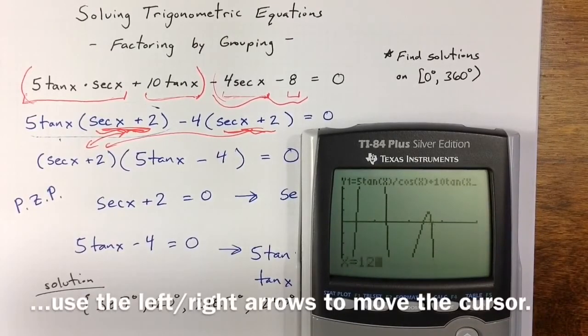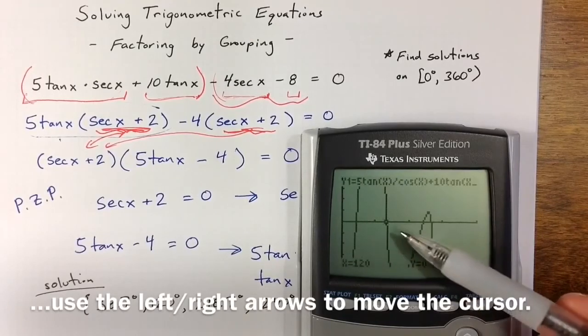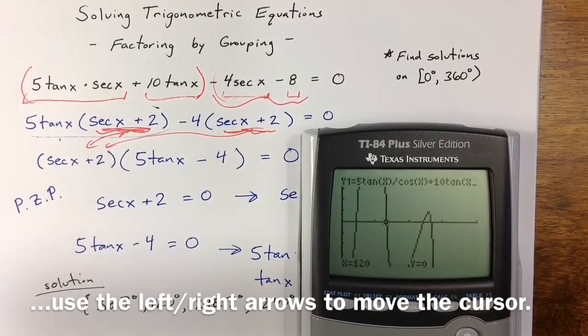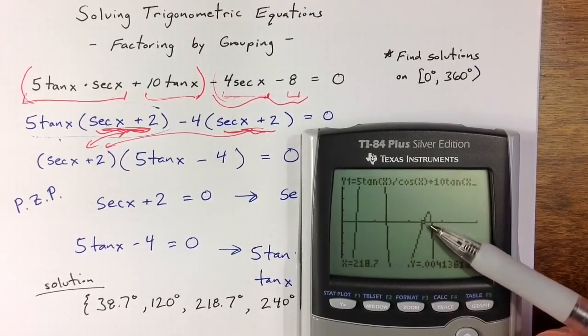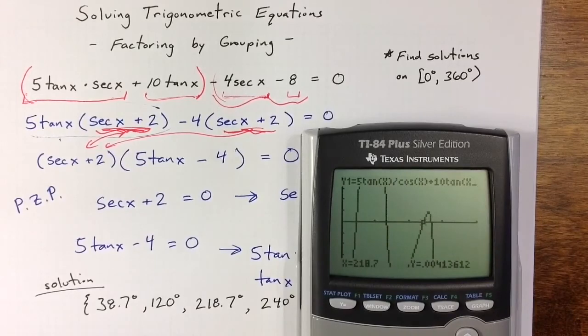Similarly, 120 gives us a point on the graph. If I enter 38.7, I'm not going to get a value of exactly 0 for y because of rounding, but we get pretty close, and we can see that that lines up with a solution there. And similarly, 218.7 lines up with a solution over here.